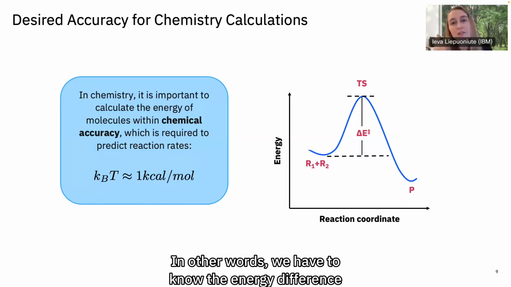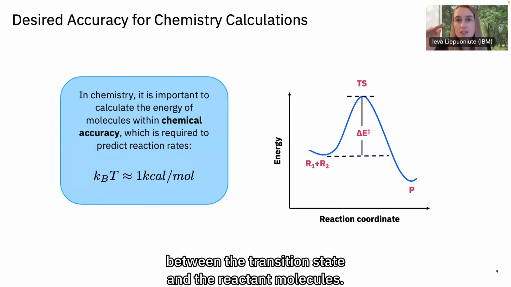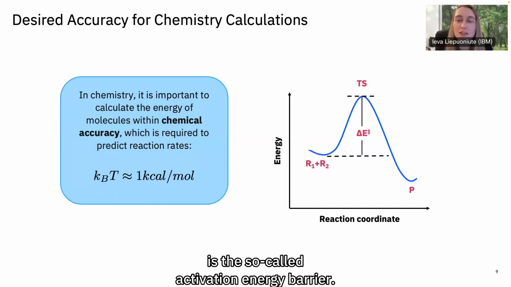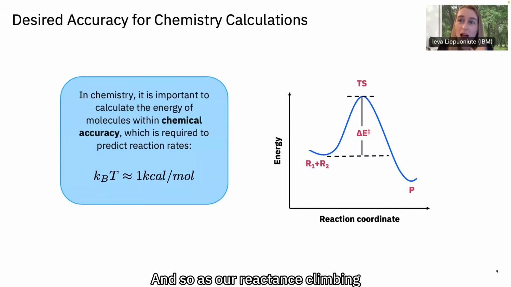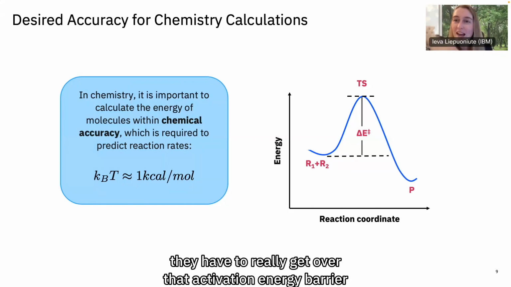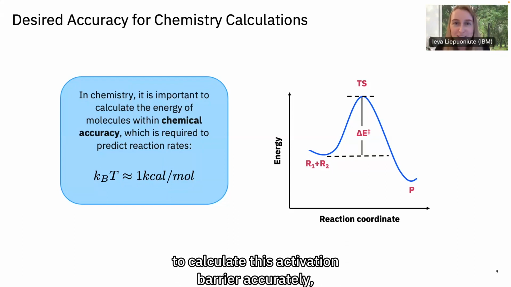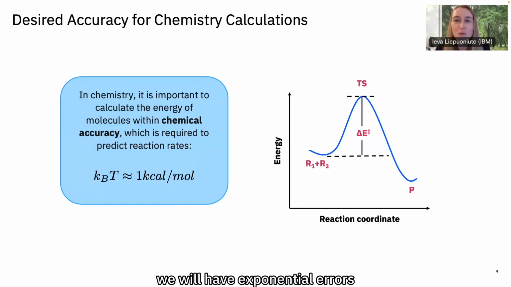In other words, we have to know the energy difference between the transition state and the reactant molecules. And so that energy gap is the so-called activation energy barrier. As our reactants climb to reach the transition state, they have to really get over that activation energy barrier for the reaction to proceed. And so if we are not able to calculate this activation barrier accurately, we will have exponential errors in our reaction rate predictions. Okay, so this is extremely important.